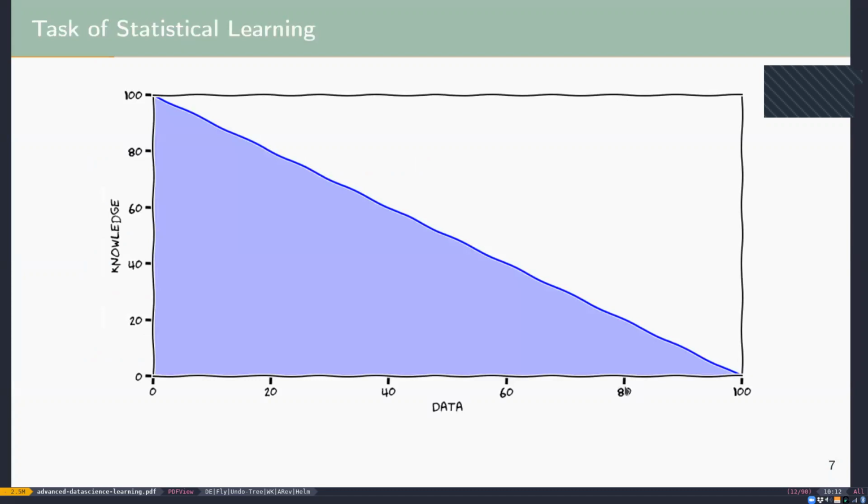And then you have another axis where you've got knowledge. If you're at 100, you know everything. Now on that line lie all the problems that you can solve with a combination of the two. If you're down here, cool, you're not doing machine learning, you have a lookup table. If you're over here, well, then you know everything, there's nothing left to do, right?